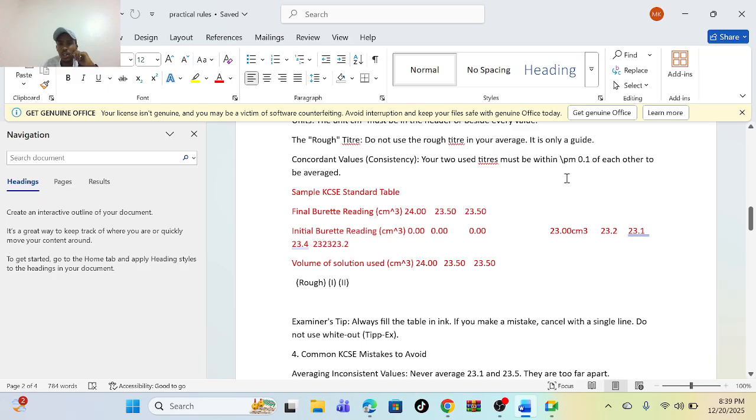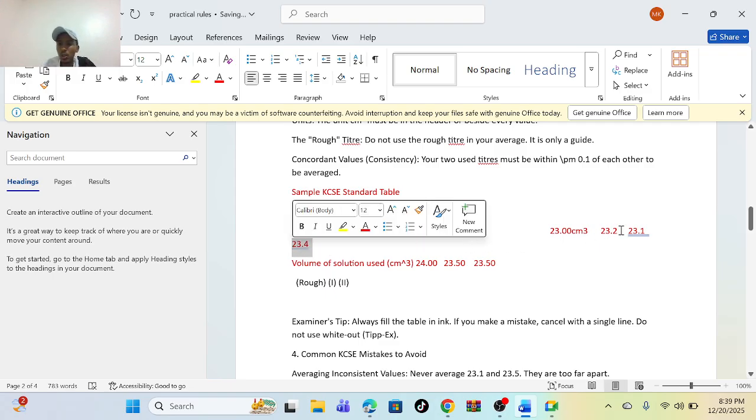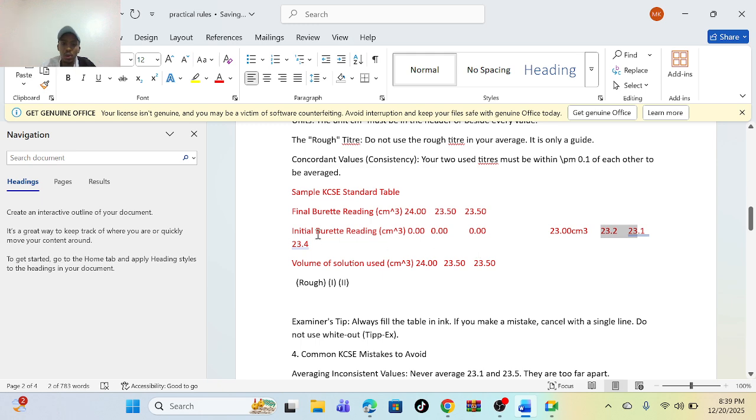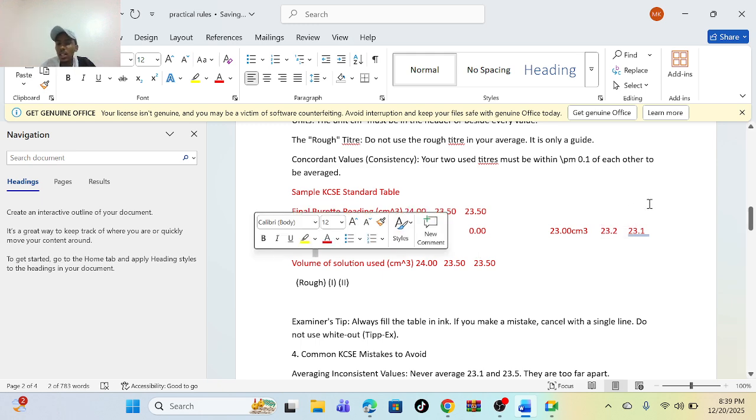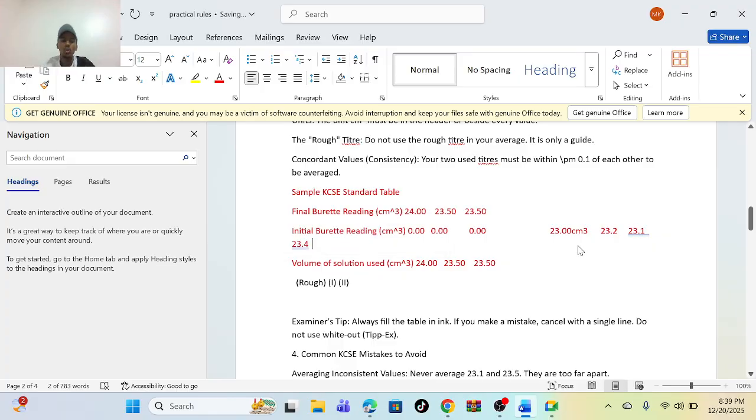Now, to repeat for this table, it should not be more than plus or minus 0.2 of your school value. So this is what I was telling you: 23.4, if I have it, I will not use it. I will use 23.2 plus 23.1 over 2 and get that average theta.